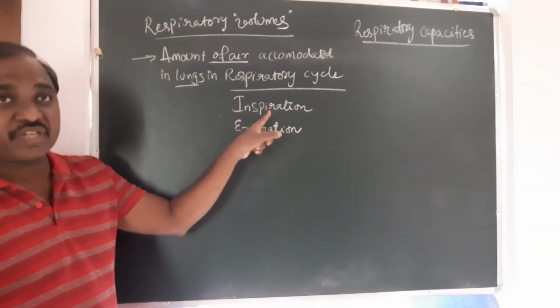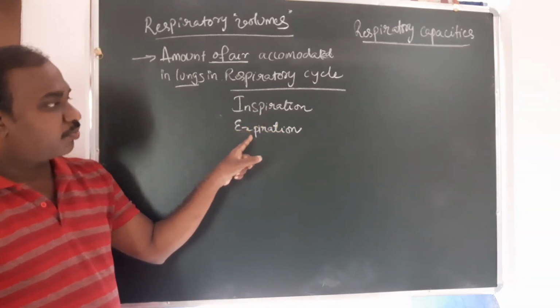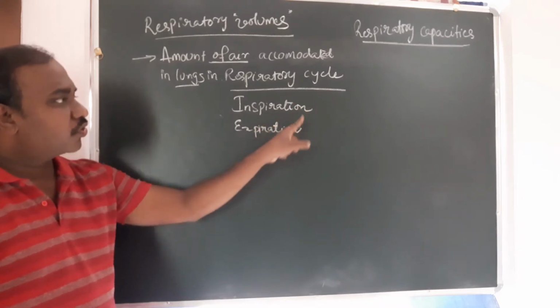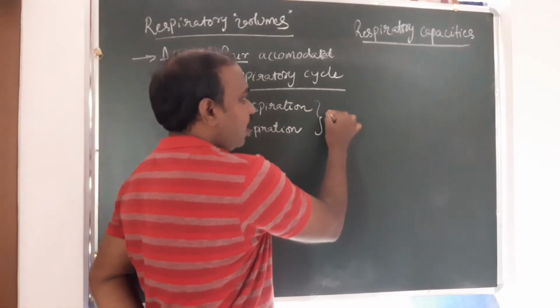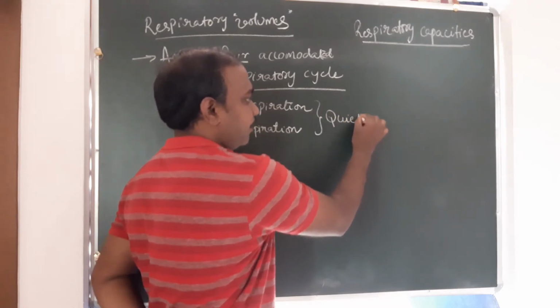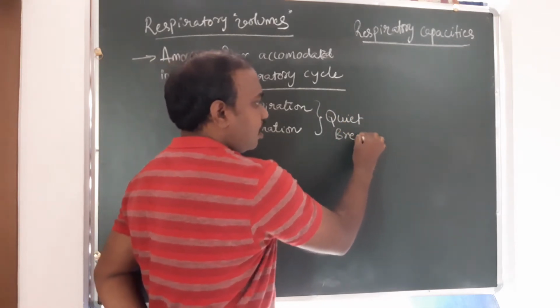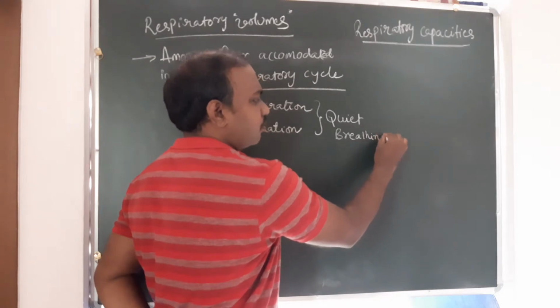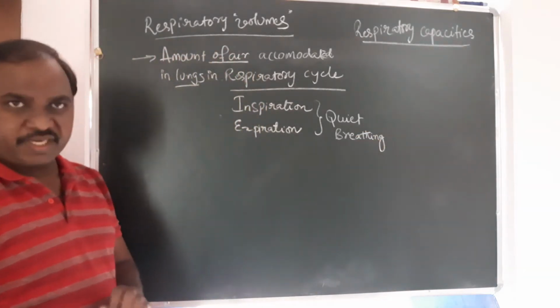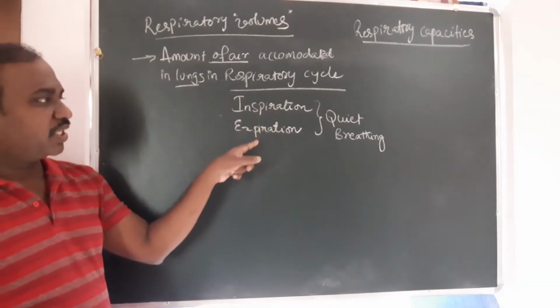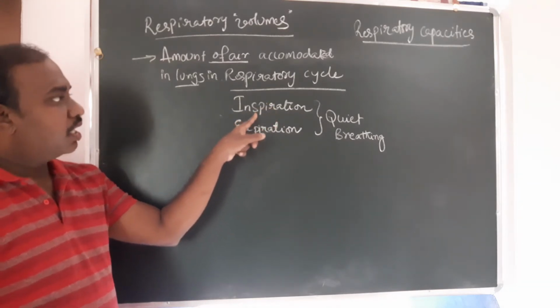There is a process of inspiration and then there is a process of expiration. These processes normally happen in normal quiet breathing. Normal quiet breathing, when you are not thinking anything, unconsciously. When you are breathing, you have inspiration and expiration.